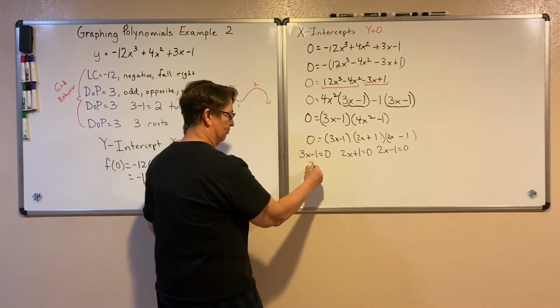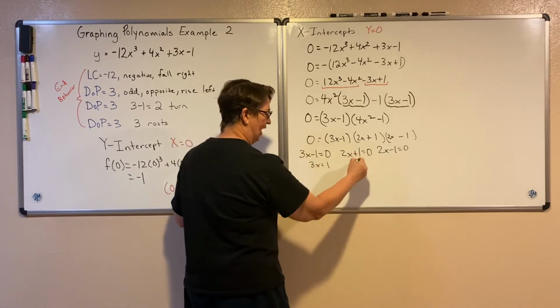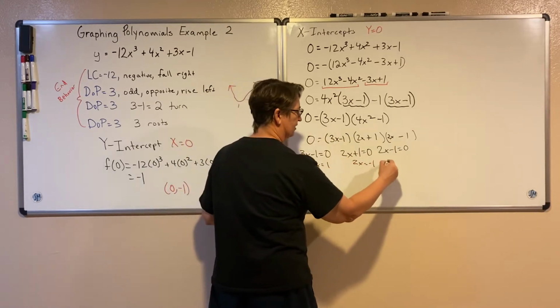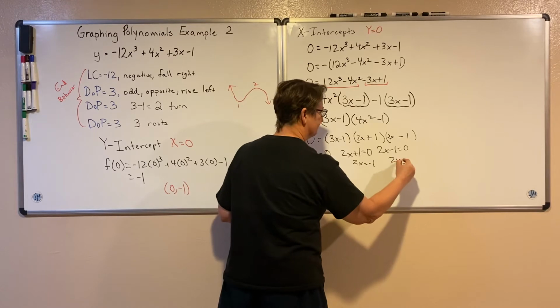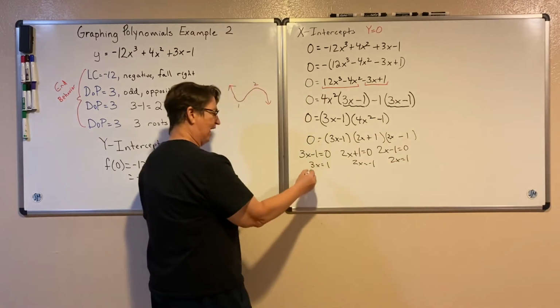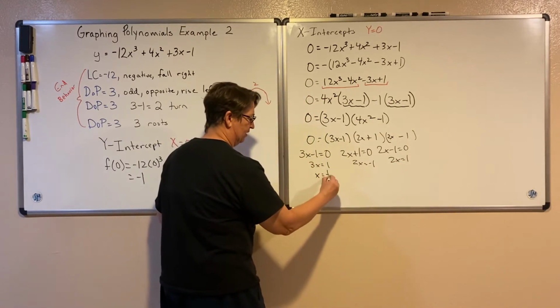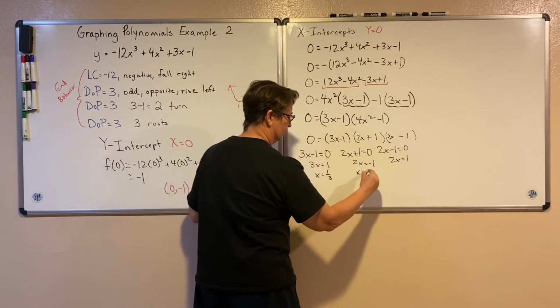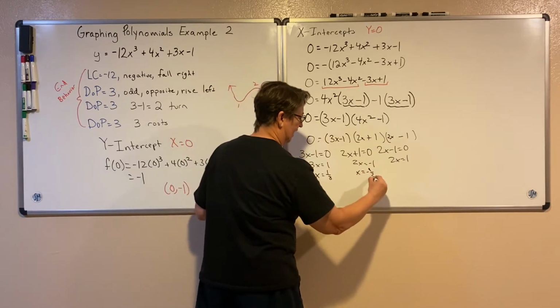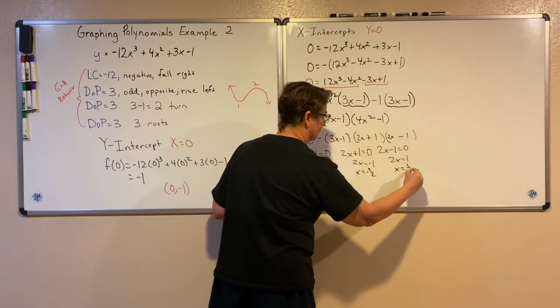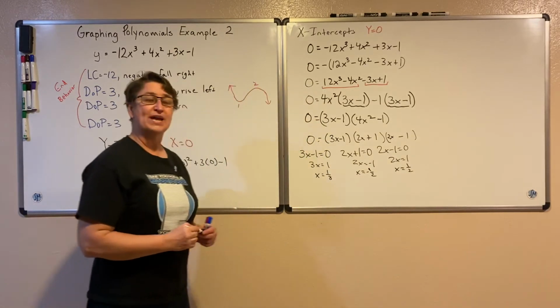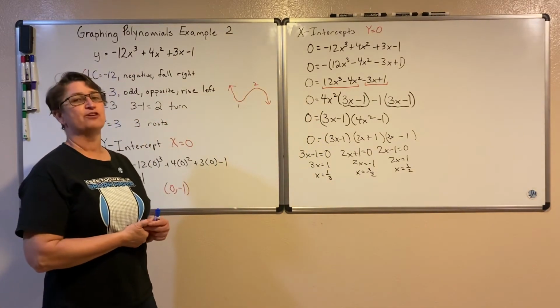So I add 1 to both sides, subtract 1 from both sides, add 1 to both sides, divide by 3, divide by 2, and divide by 2. So there are 3 x-intercepts on this function.